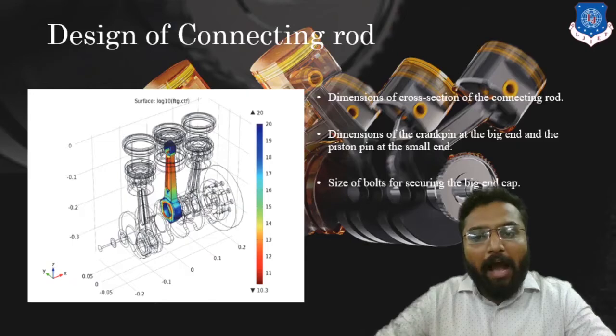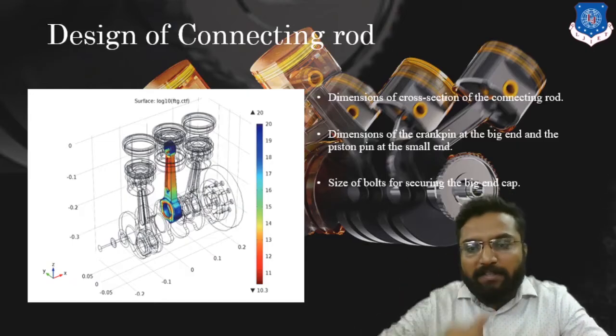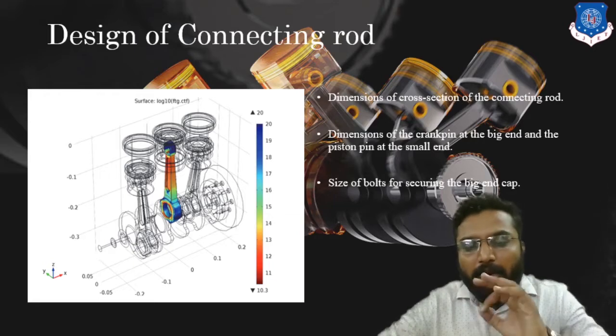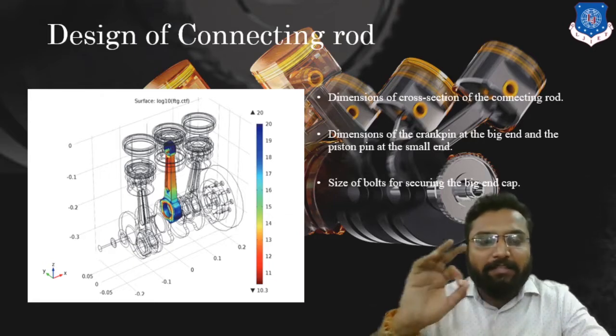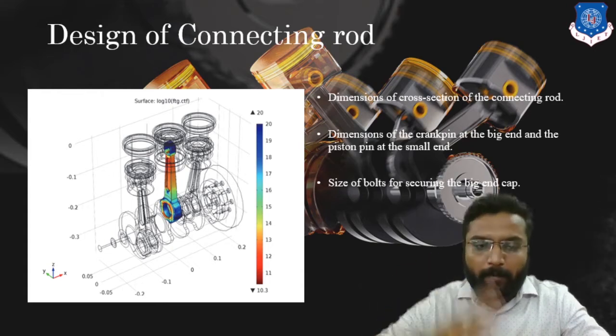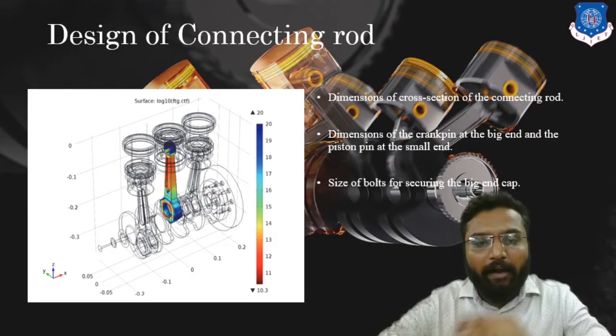piston pin. After determining this section of our crank pin and piston pin, we are going to design the last thing, which is the size of the bolt as well as the size of our big end cap. The bolt comes under shearing stress due to the effect of our crankshaft and our connecting rod.